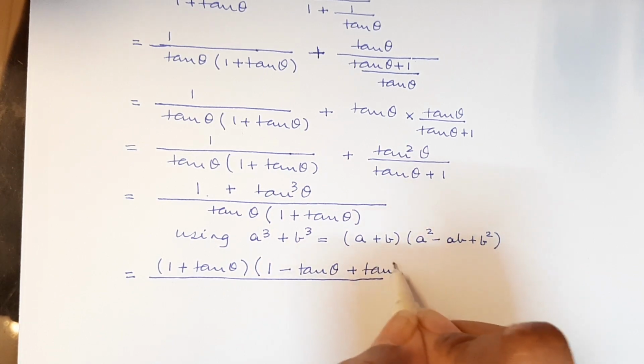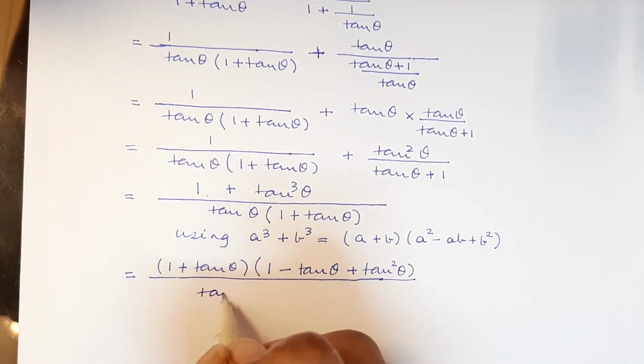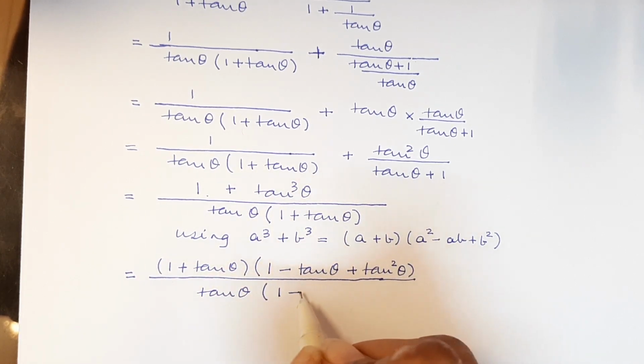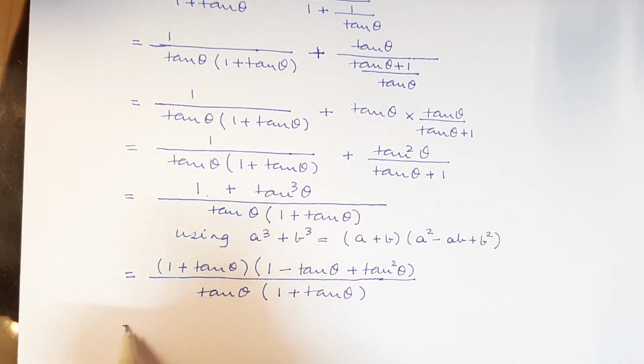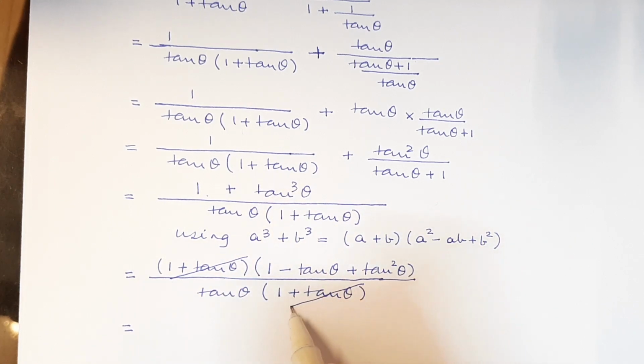So we will write tan square theta, and in the denominator it will be tan theta into bracket 1 plus tan theta. Now, can you see the common factor?